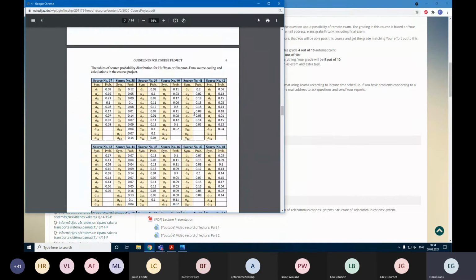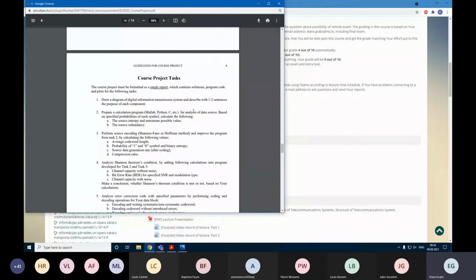But for now, we are interested in the tasks themselves, what you will do in this course project. Today we will do the first task, the diagram of the digital information transmission system and the description of each of its blocks.